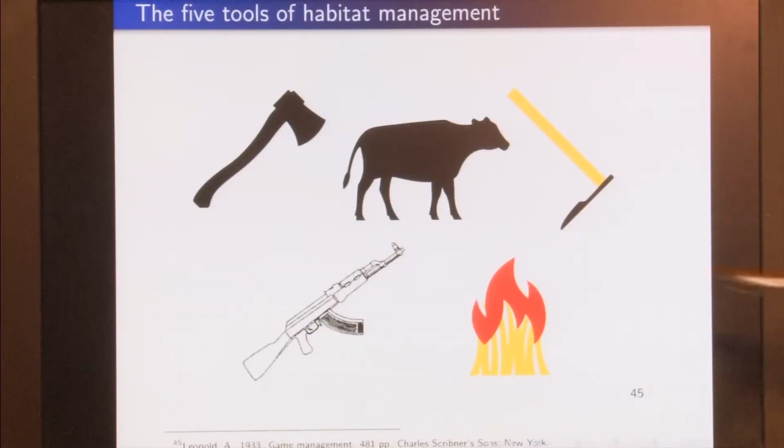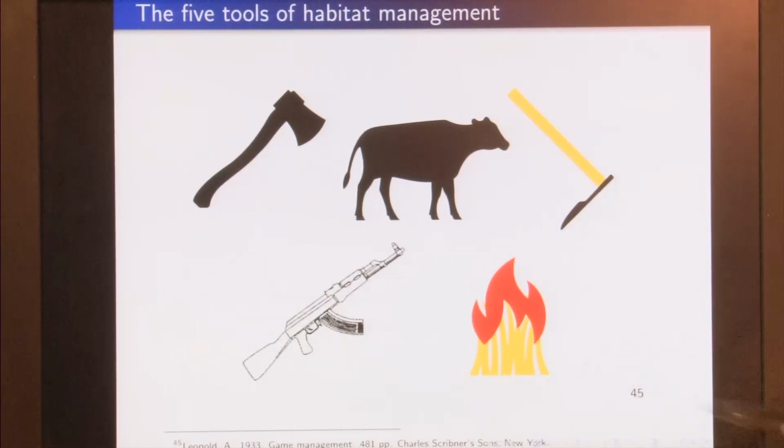The cattle that can be used for habitat management can also be used for habitat destruction in the form of overgrazing. The plough, which can facilitate the regeneration of plants, can also be used to convert a forest land into a farmland. The gun, which can be used to kill excess animals or invasive animals or those animals that are getting into conflict, can also be used for poaching.